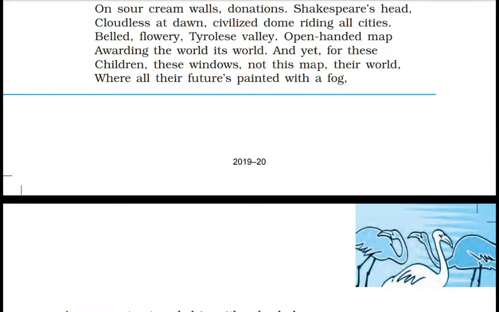Now there are two phrases which show that the children in the slum are malnourished: paper seeming boy and rat's eyes. Then you have the word stunted, which also means underdeveloped. So these words can be used to show the condition of the children. Then you could be asked, why is the child called unlucky heir?